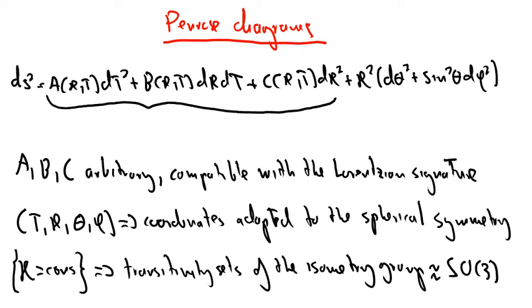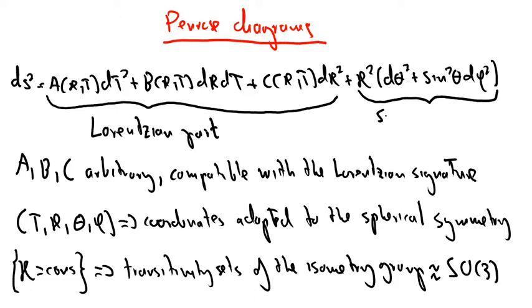The first part is the so-called Lorentzian part, which is a 2-dimensional metric which has Lorentzian signature. Okay, so this is a 2-dimensional Lorentzian metric. And here we have the spherically symmetric part, which is just the metric on the sphere.